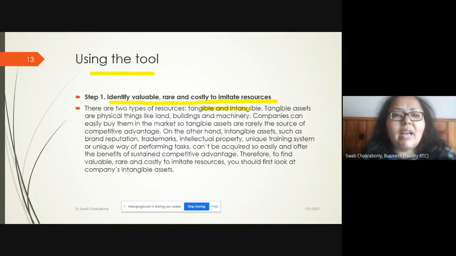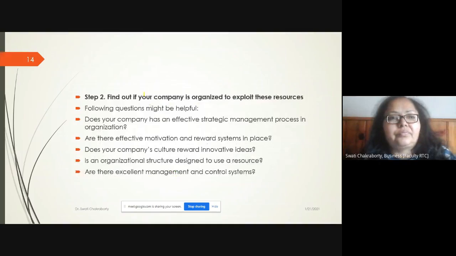So when we talk of valuable, rare, costly to imitate, one has to look into the intangible assets. Tangible assets are very easy to find, so tangible assets are rarely the source of competitive advantage.